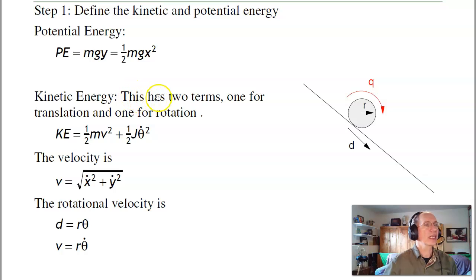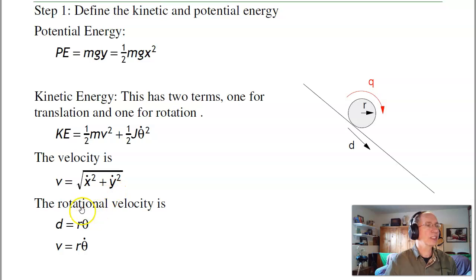The kinetic energy actually has two terms. I've got the translational energy of the ball as it rolls, plus the rotational energy as the ball spins. That'll be 1/2 mv squared plus 1/2 J theta dot squared, where J is the rotational inertia of the ball. The velocity is the square root of x dot squared plus y dot squared.